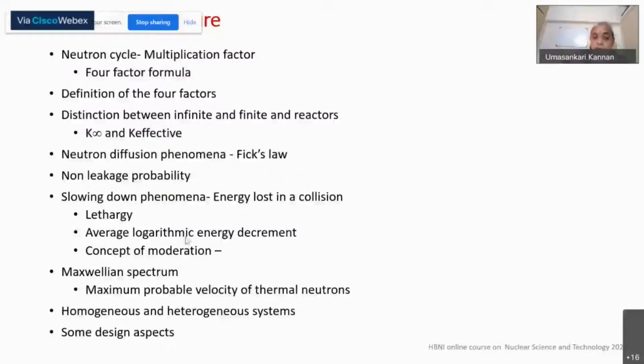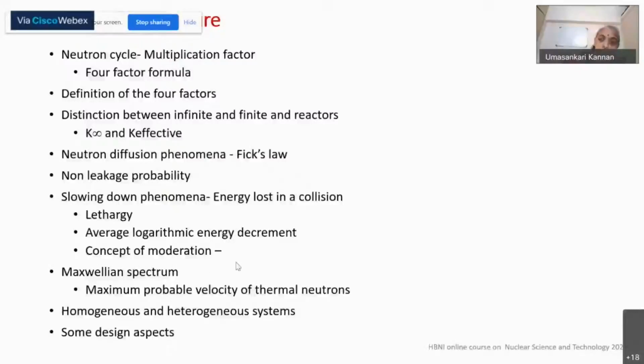These 2 govern how a neutron loses energy with respect to the elastic scattering collision. And I mentioned that lethargy is a better unit because we are dealing with energy scales ranging from MeV to almost electron volts. So it is a dimensionless quantity, lethargy, which is a logarithmic change in the energy of the neutron.